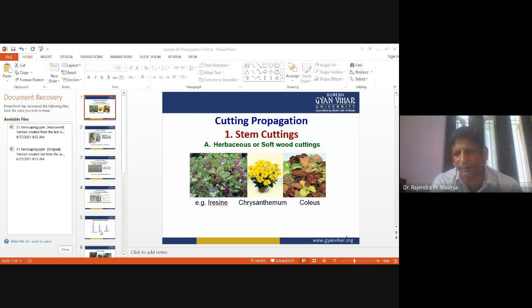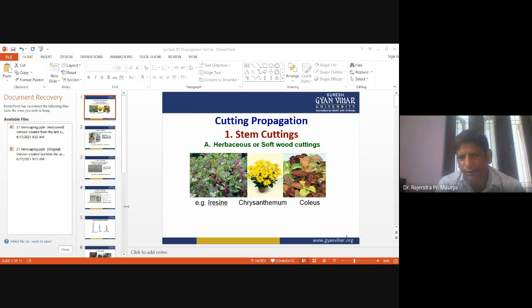Okay, and that type of cutting we can use as a mallet cutting. So either straight, heel, or mallet cutting, we have to treat with the rooting hormone and insert in well prepared growing media. This is the best method to prepare the hardwood cuttings.